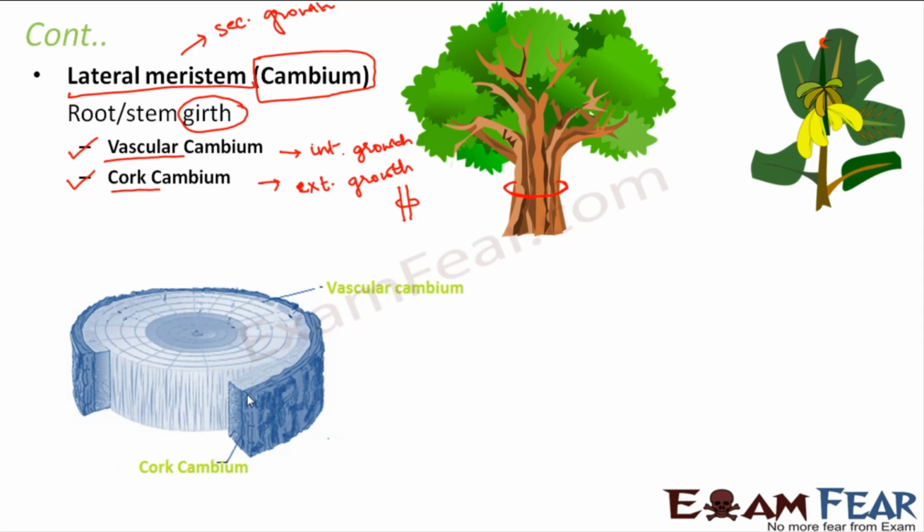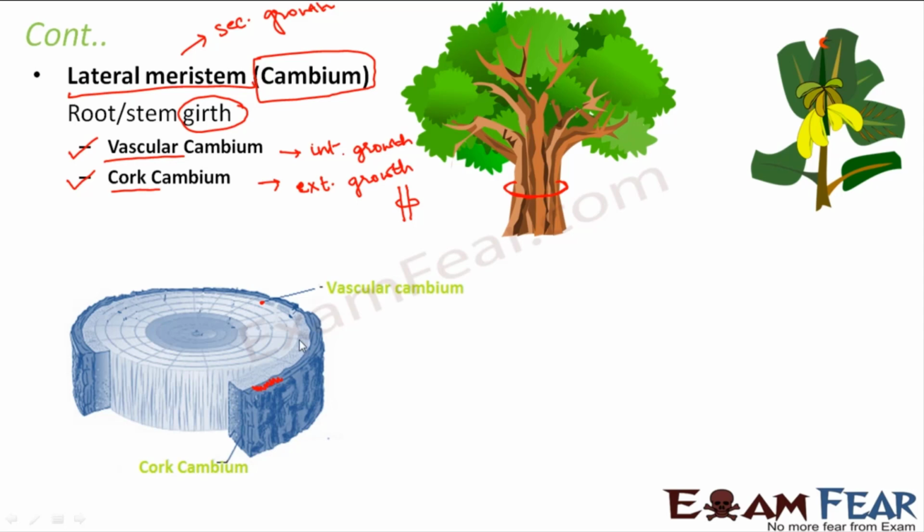Now, when I say cork cambium, it is this outer layer, this layer which you see in dark blue, right? So this outer layer is the cork cambium, which causes an increase in growth externally. So this cork cambium increases and therefore the width increases. Whereas the vascular cambium is this layer in light blue. You can see a layer in light blue, right? This arrow is pointing to this light blue layer.